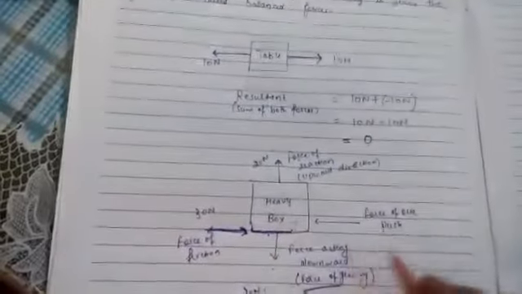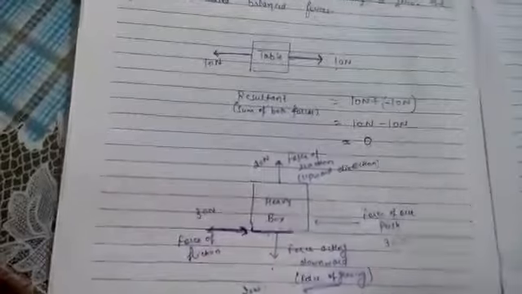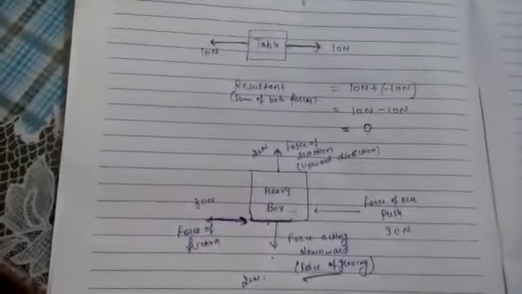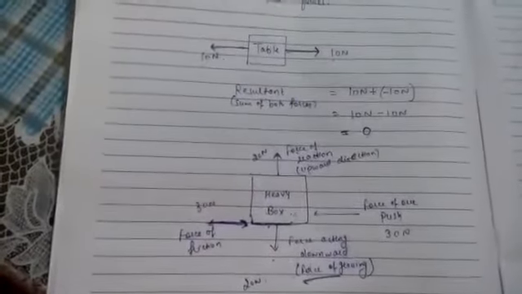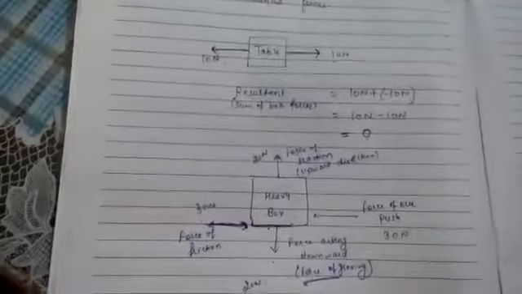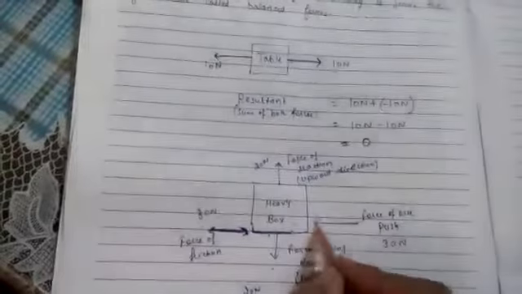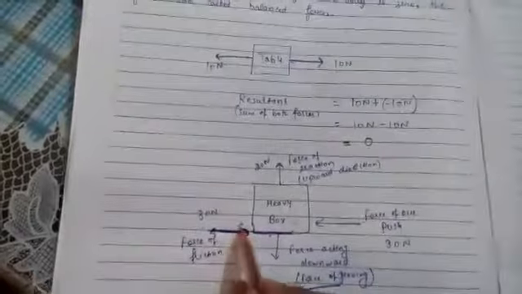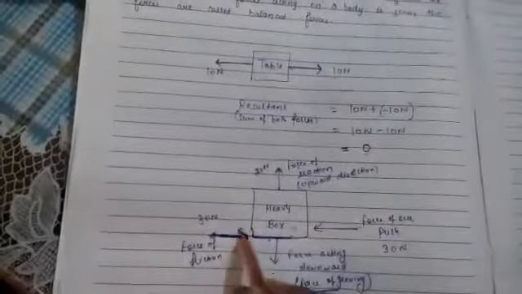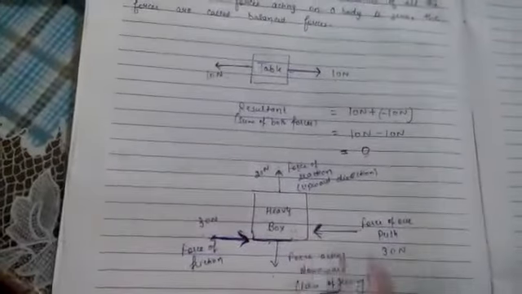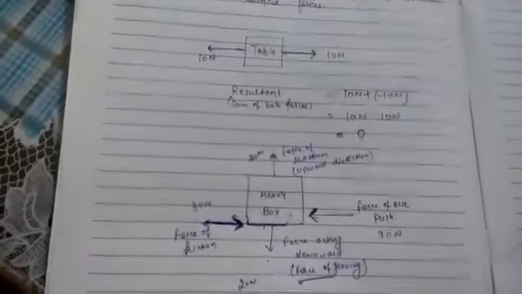The force we are applying is also 30 Newton. So if we add, this is 30 plus this is minus 30, this coming this side and this coming to this side. See the arrow. Direction is opposite for these two forces. So this is minus 30.